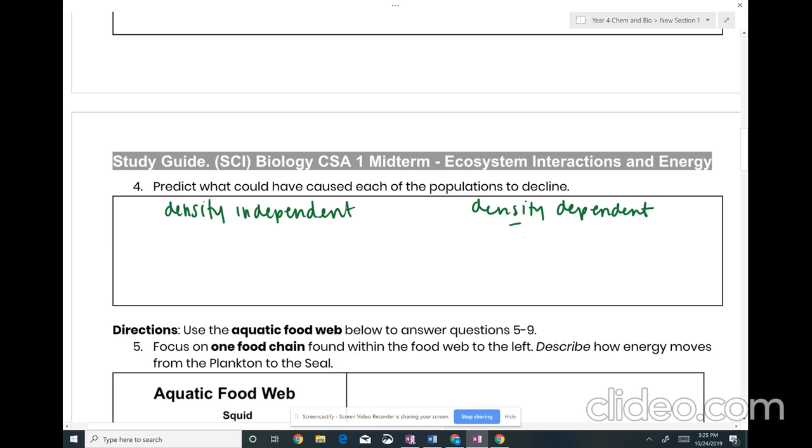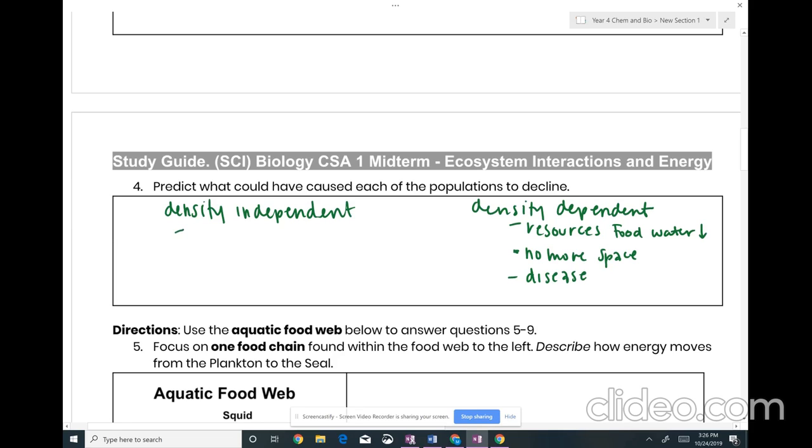So it's density dependent resources like food. So if the resources like food or water decreased, then we had a density dependent deal that happened. If we ran out of space, so no more space. If there was disease. All of these things are density dependent. Those are kind of things that could have caused that.